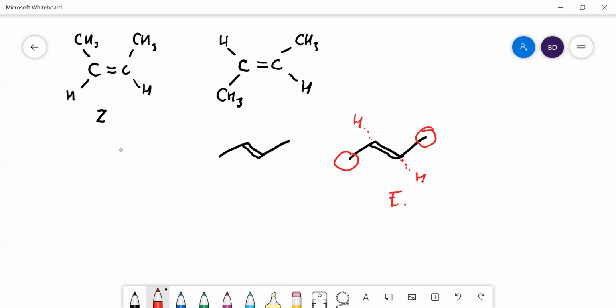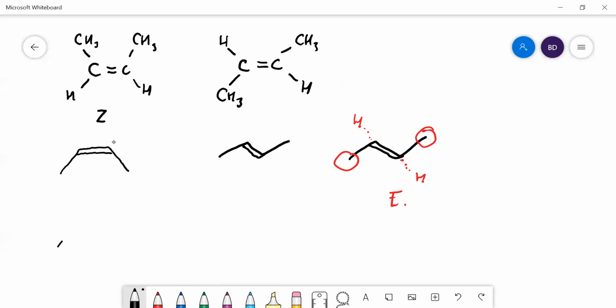Now, if you wanted to draw the Z form, and again, at A level, they've never asked you to do this, but it's not difficult to understand, and it is the way things are drawn. So you draw the Z form that way around. There's the double bond.